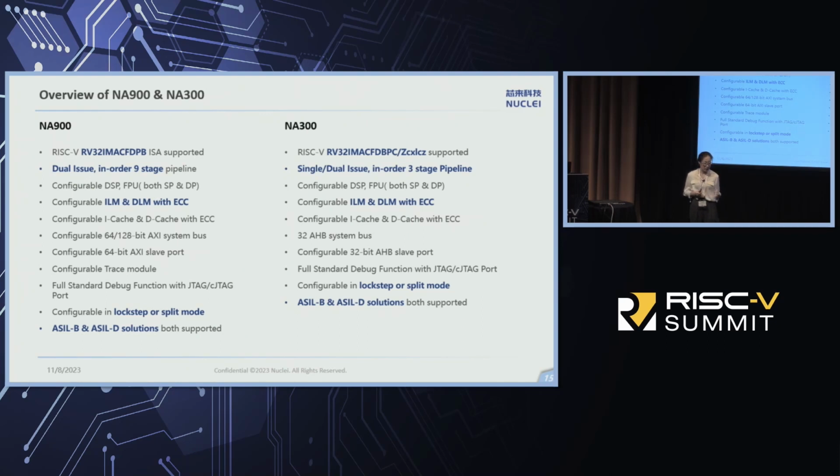So basically, NA900 is applicable for the safety island and real-time applications. We have a lot of usage competing with ARM Cortex-R5, R52. The NA300 is majorly focused on the automotive MCU segment.